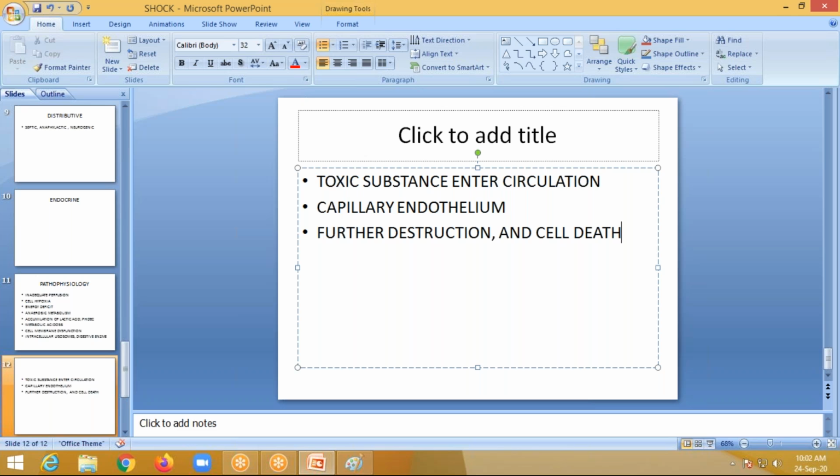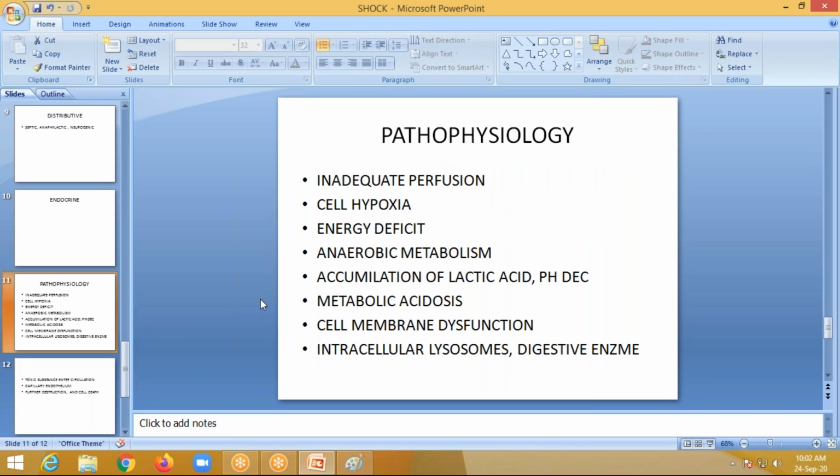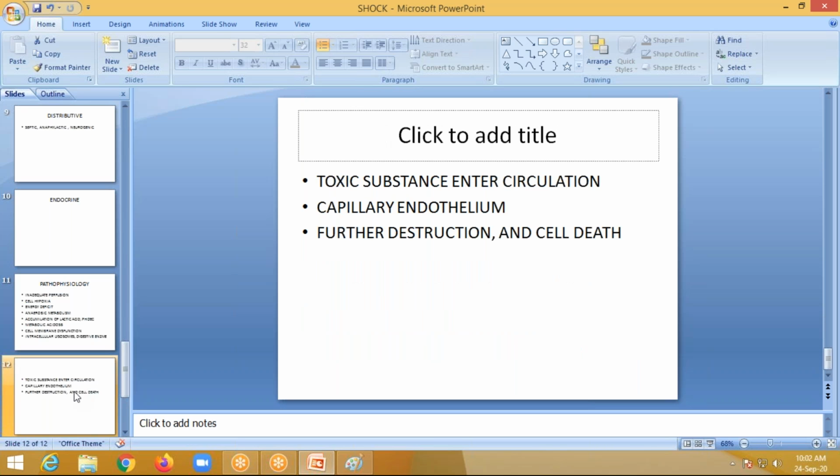This is the main crux of this. Also, due to metabolic acidosis, peripheral vasoconstriction will occur. Precapillary and peripheral pooling of blood will be there. This is the main pathophysiology. Maybe you have learned it in pathology also.